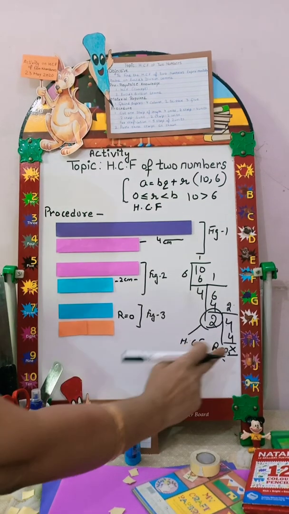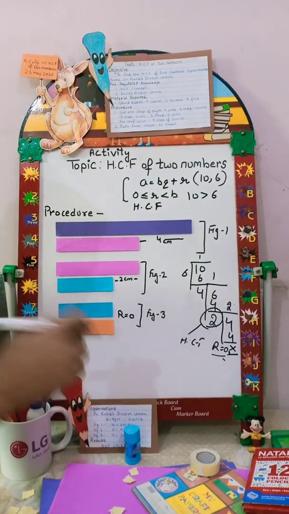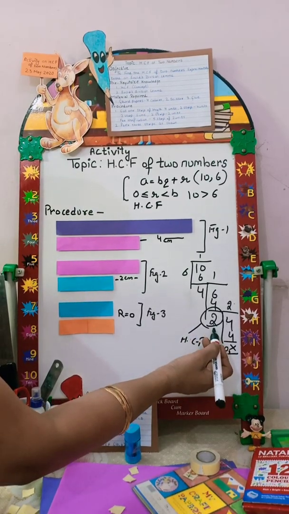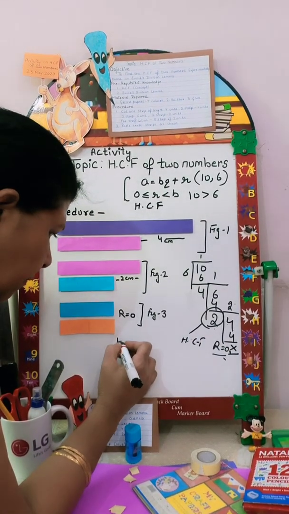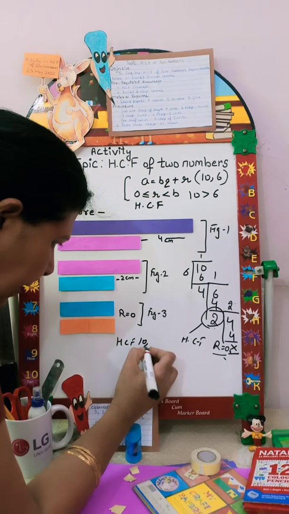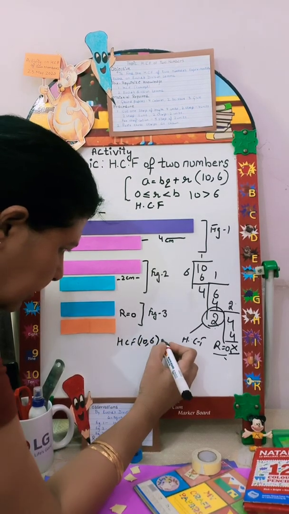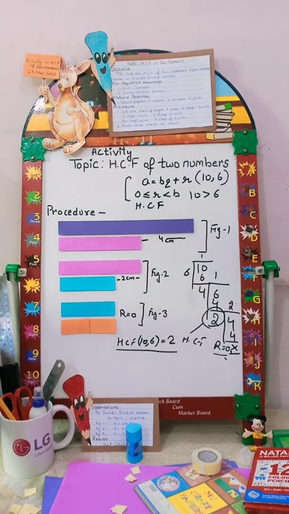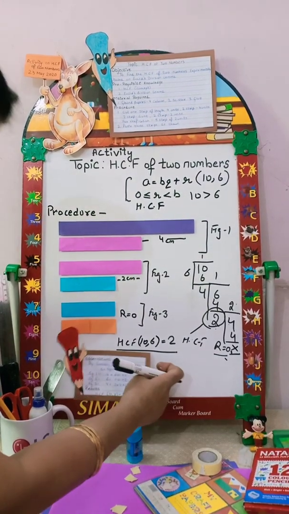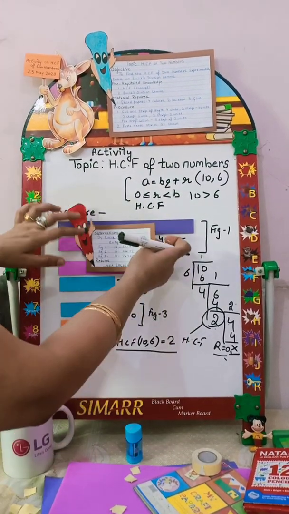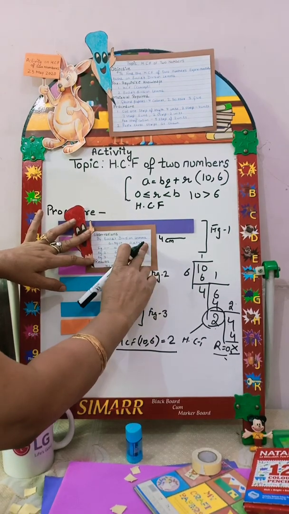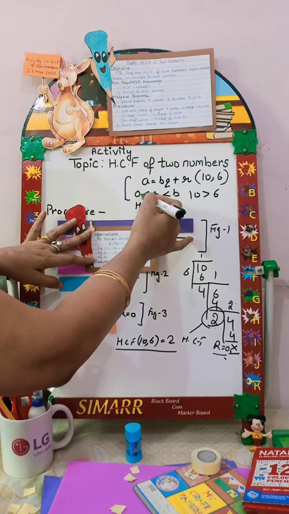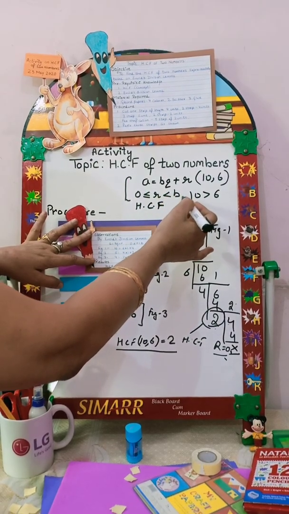So when the remainder comes to 0, we stop our procedure. At that time the divisor is 2. So the HCF of 10 and 6 is 2. This is our answer. Now these are our observations using Euclid's division lemma: a = bq + r, 0 ≤ r < b.